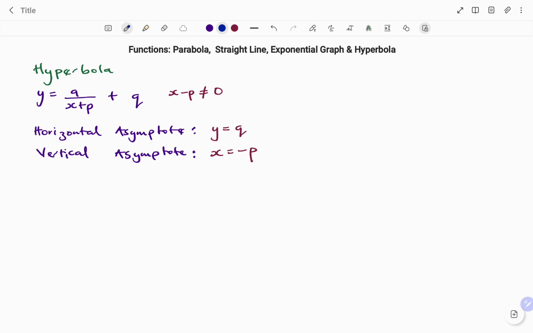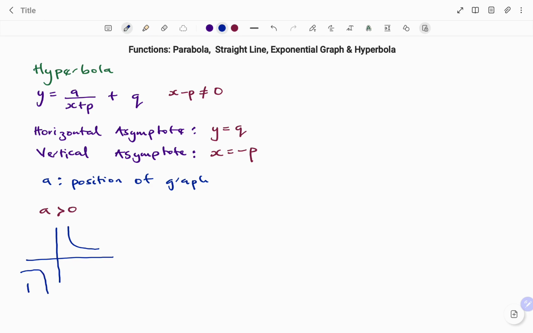Note that the value of a will determine the position of the graph, such that if I have the value of a greater than 0, then we're going to have a graph positioned in the positive quadrants.